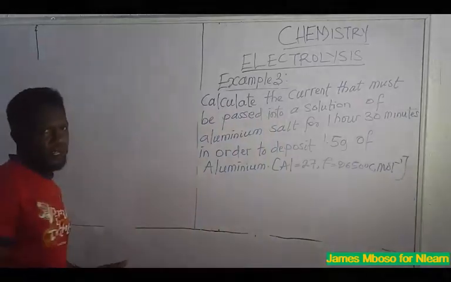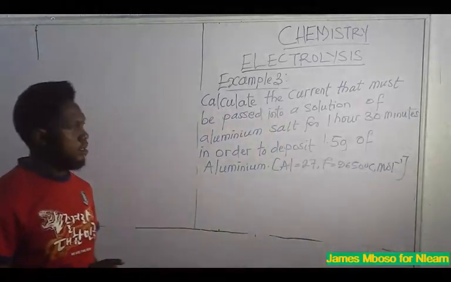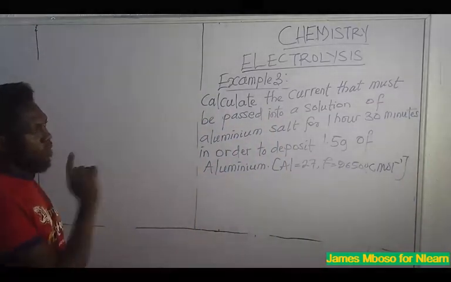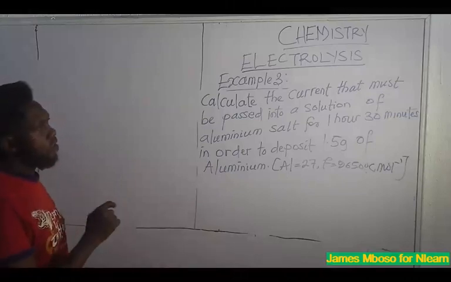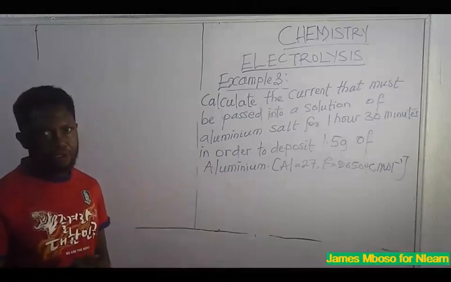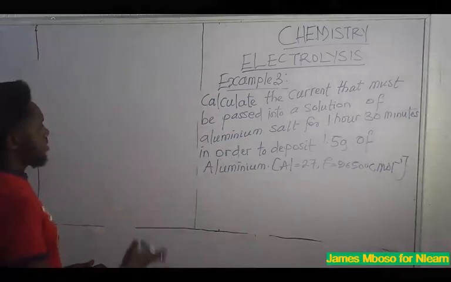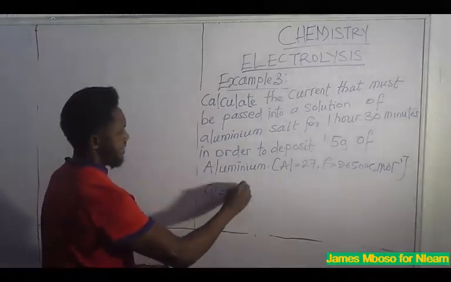In solving this question, you don't need to rush, because we are not given the quantity of electricity. And if we do not know the quantity, we are not going to be able to solve for the current, because our Q is always IT.